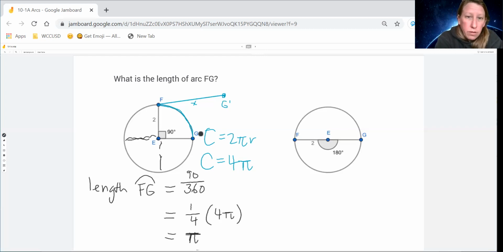So 90 out of 360 of the circumference, the circumference of circle E. How about the length of FG on this one? I'll use red. Here's arc FG. This is what we want.